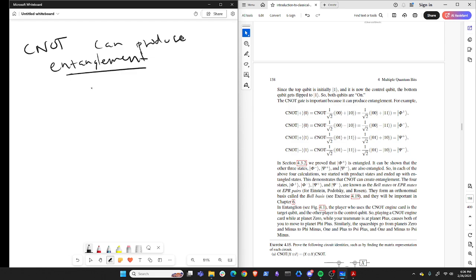It can produce entanglement because we can apply it to a two-state system, a 2-qubit system, and entangle the two. So, for example, we have C0 of plus and 0. That is C0 of 1 over square root of 2, 0 plus square root of 1.